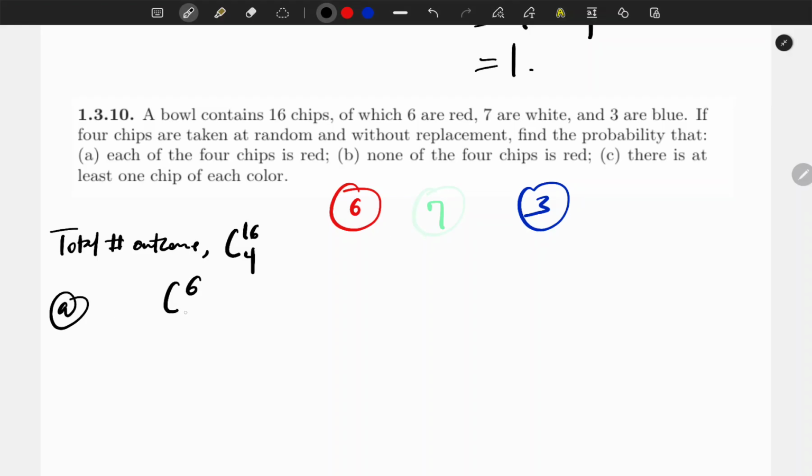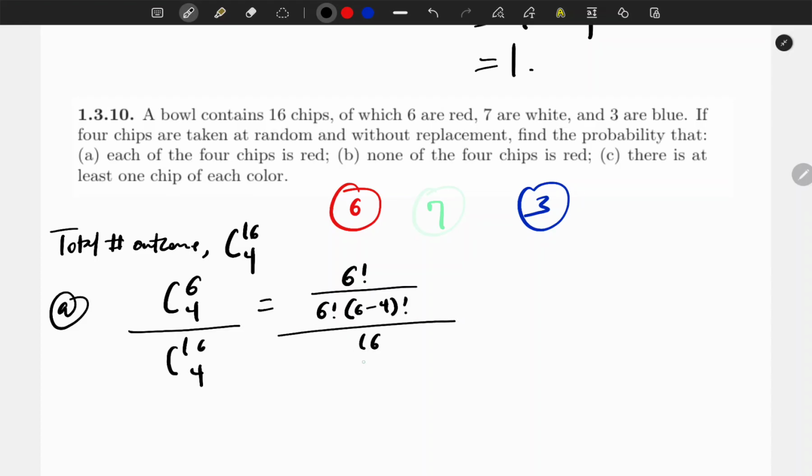Out of this 6, we pick 4, over 16 pick 4. Then that is equal to 6 combination 4 over 16 combination 4.